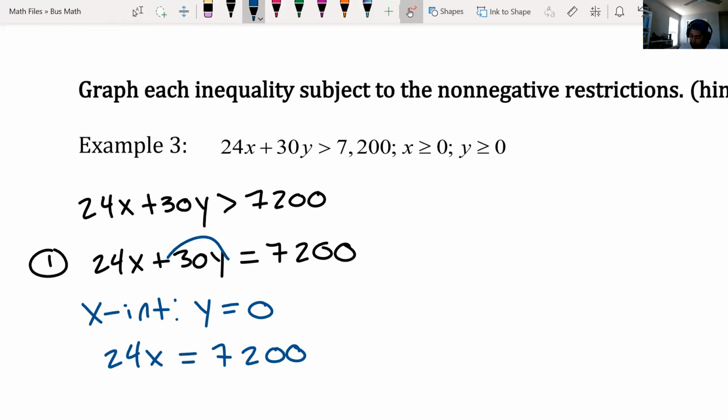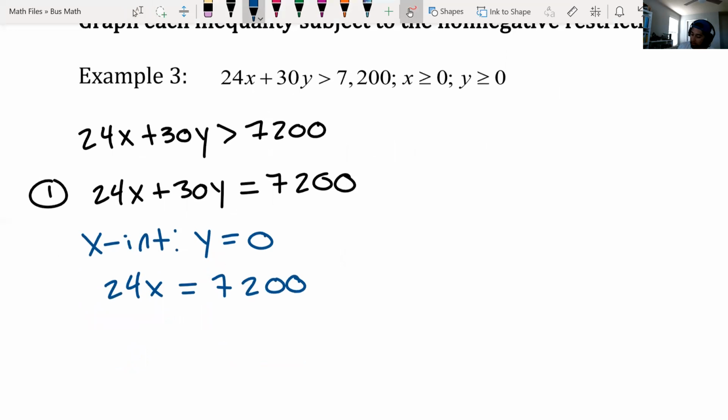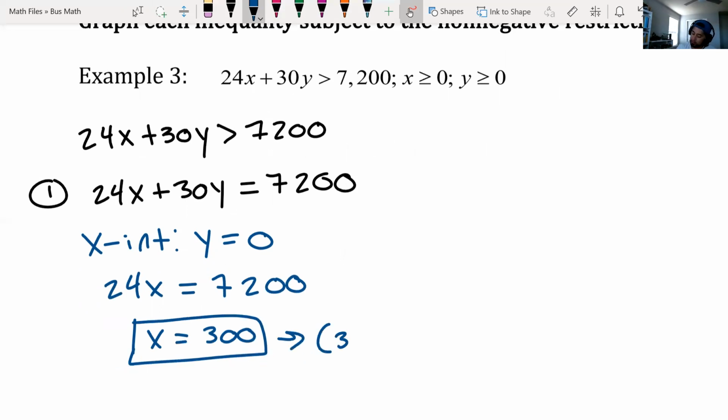Since we're plugging in 0 for y, that becomes 0. So all you have to do is write the 24. And now we divide by 24. And that's going to give me 300. So my x-intercept is 300, 0.